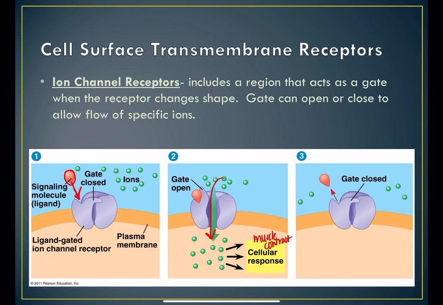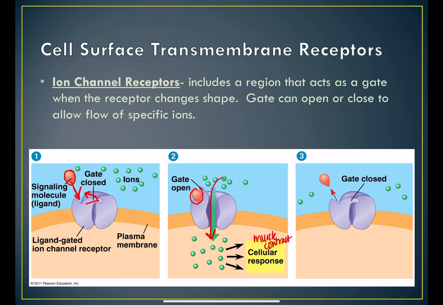When we bind, we have a change in shape, and that change in shape is what's going to open the gate. When that signaling molecule binds, the gate will open, allowing those calcium ions to move inside, which is going to cause a cellular response of muscle contraction.